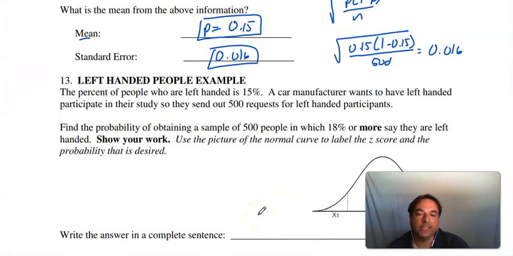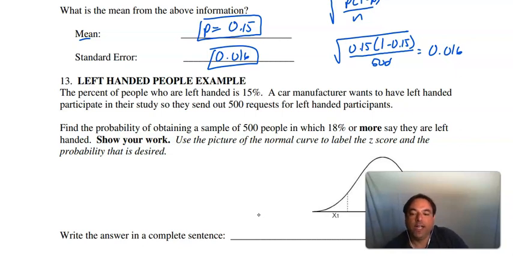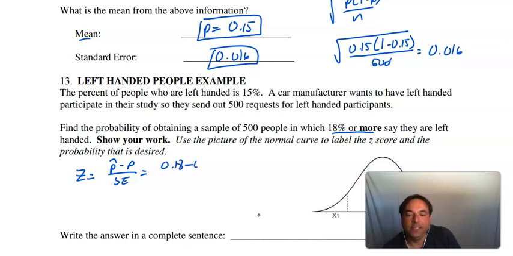Then the first question says we're looking for, find the probability of obtaining a sample of 500 people in which 18% or more are left-handed. Okay, so remember the formula for Z is P hat minus P over your SE. So P hat in this case is 0.18 minus the P, which is 0.15, in parentheses over your SE of 0.016.